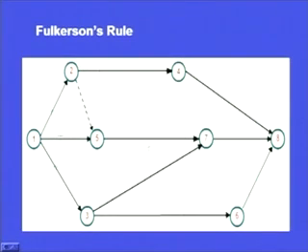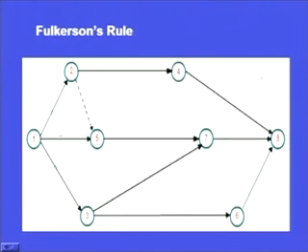Now, we come on to another point, which is the Fulkerson's rule. Fulkerson's rule basically is used for naming the nodes. So, these are the events or the nodes that we are calling 1, 2, 3, 4, 5, 6, 7 and 8. So, all these are called the nodes or the events.